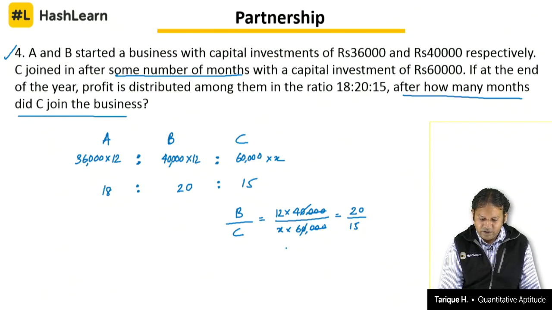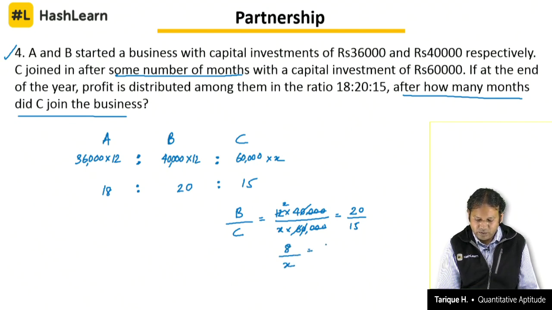So what we get here is 4 and 6 will cancel 12 two times. So 8 by x is equal to 20 by 15. Cross multiply, or we can say 20x is equal to 120, so x is equal to 6.